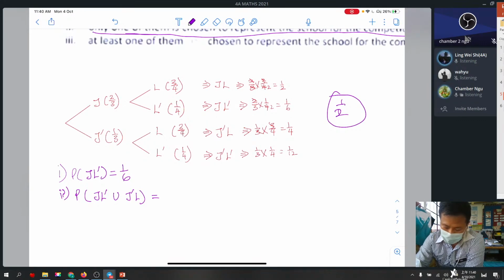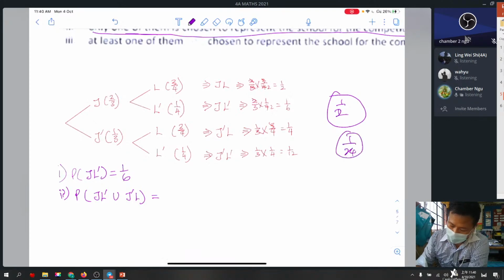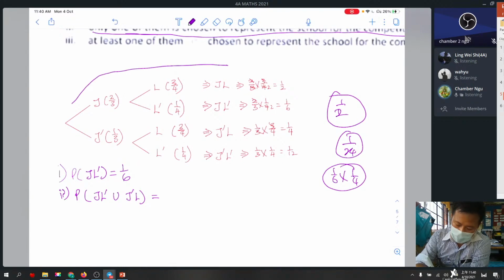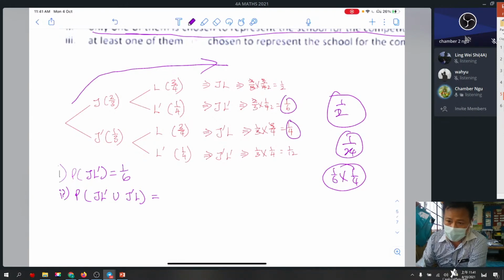1/6 multiply 1/4. Okay. When we do the multiply, when it's like this way, now you take this number and this number, right? Am I right, Rebecca? Yes.